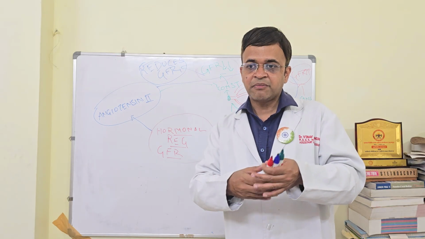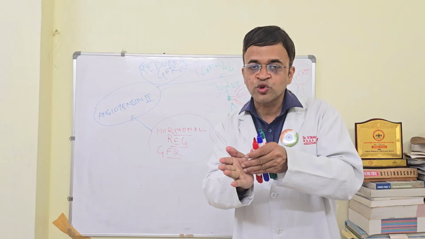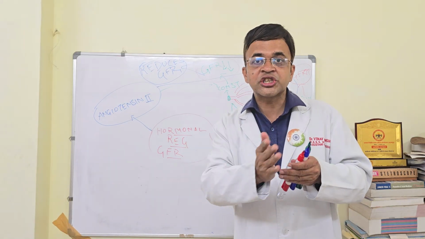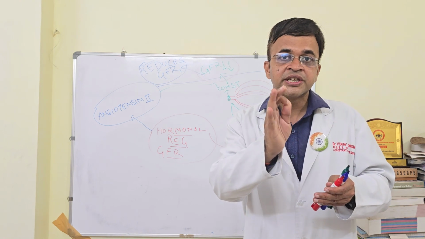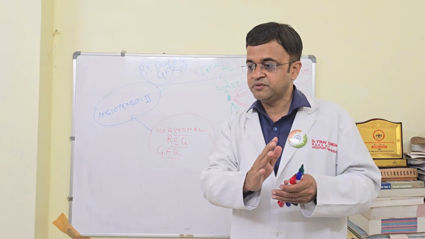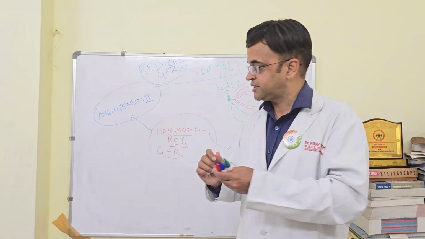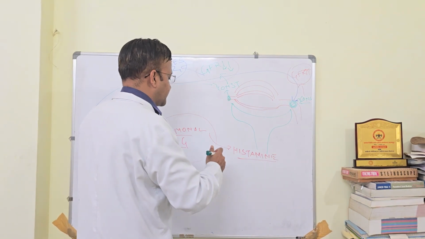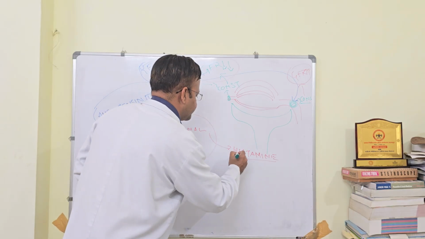Mesangial cells, by contracting, can close some glomerular capillaries, and it can lead to reduction in the effective filtration surface area, which will reduce your GFR, right?